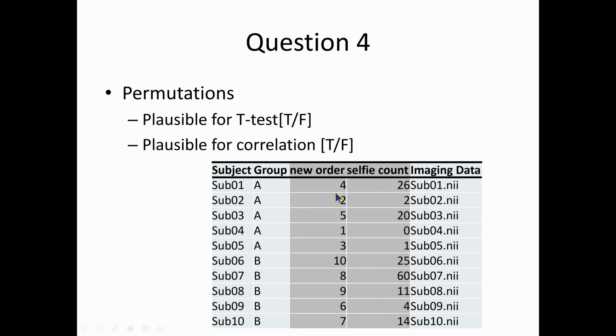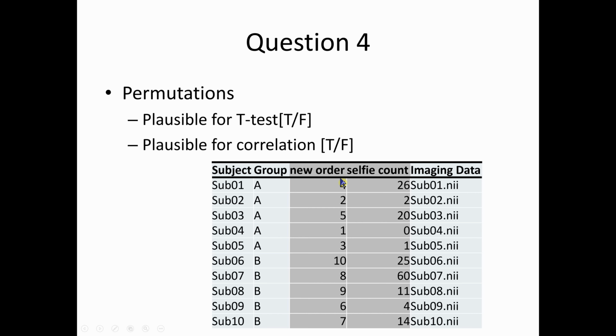What are you correlating? Here, you're looking at your selfie count versus your imaging data. So you're either looking at your group versus your data, or you're looking at selfie count versus your data, where your imaging data is moving along with your order.